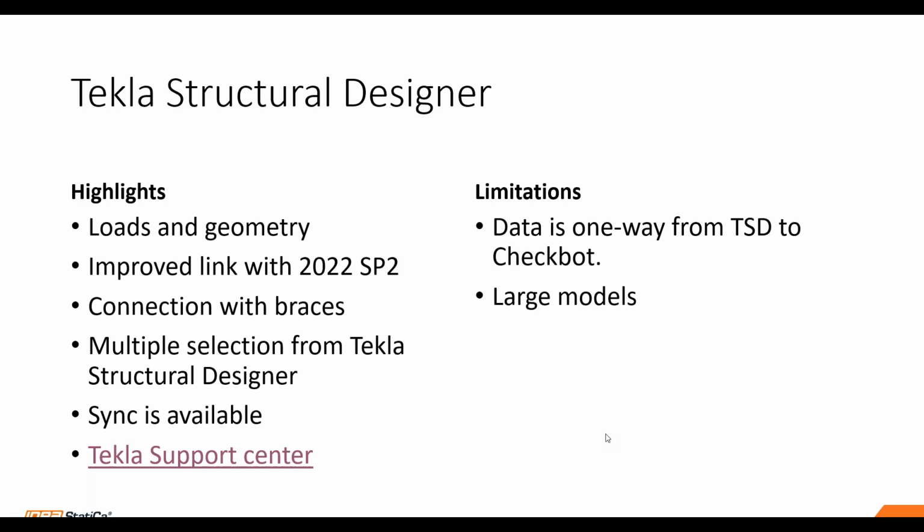For instance, thousands of connections with hundreds of load combinations. For such a case, it is necessary to select an individual or group of connections to export. So instead of sending the full structure, we recommend to just select that joint that you're interested in and send that information.